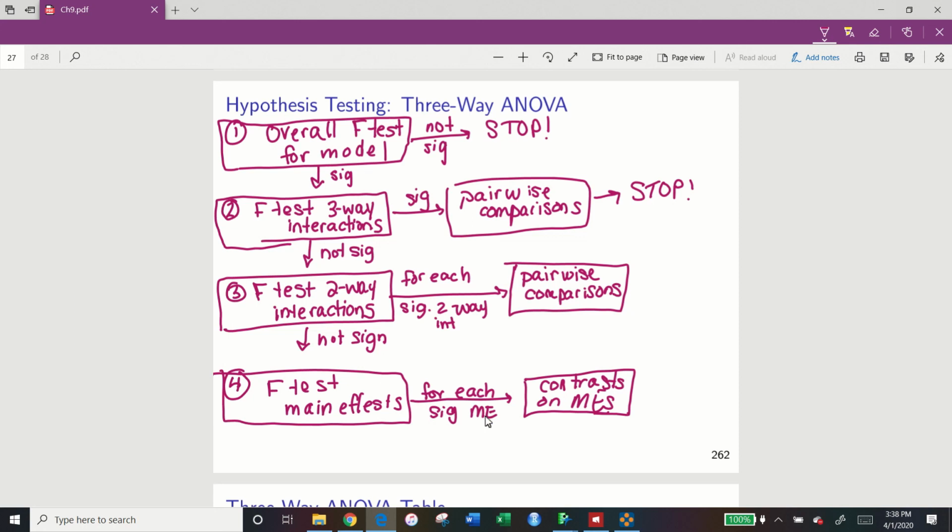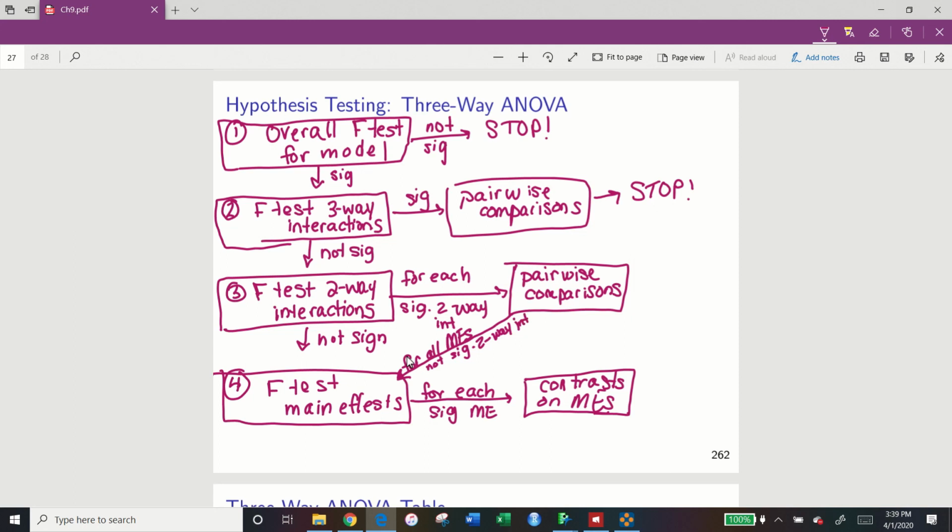Now, there is one more step to add in. So, going back to step 3, we were saying that if the F-test for the two-way interaction is significant, we would do the pairwise comparisons for each of our two-way interactions. What we would also do is the F-test of the main effects for all main effects not significant in the two-way interaction.